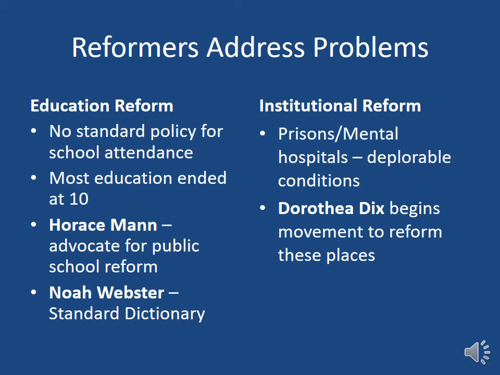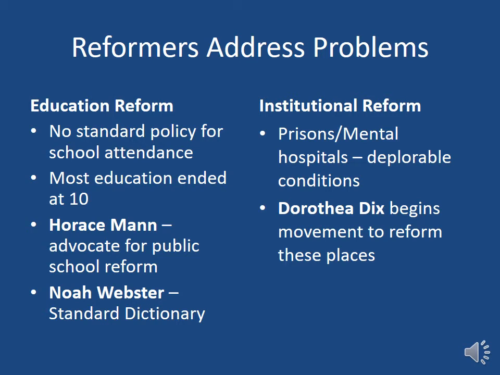Reformers during this time period addressed problems. There was a lot of talk about education reform, and there was no standard policy for school attendance. Kids didn't have to go to school if they didn't want to, and they didn't have to finish or graduate.